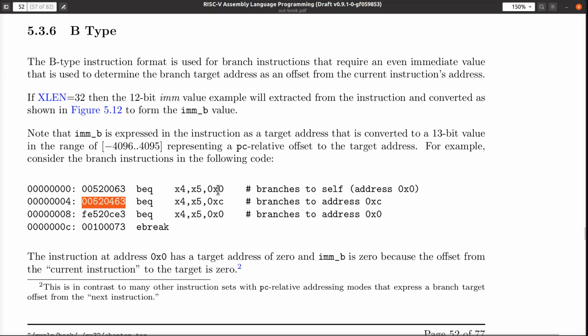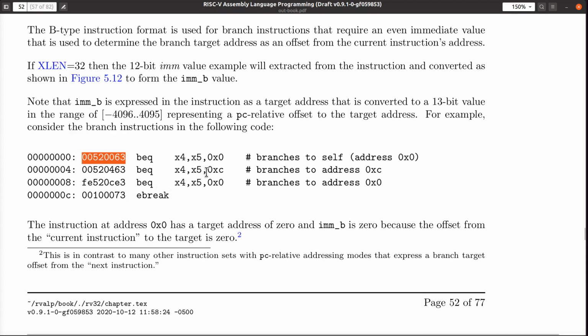Here's a branch from address 0 to address 0. We know in our head that the IMMB value in this instruction, wherever it is in here, must be 0. Just like we know that the IMMB value in this instruction down here has to be C minus 4, which is 8. So there has to be an 8 hiding in here.